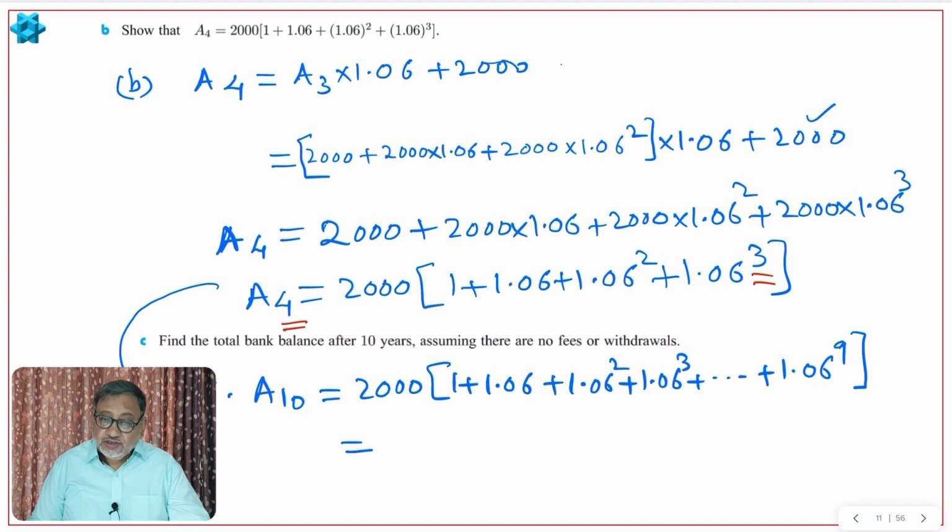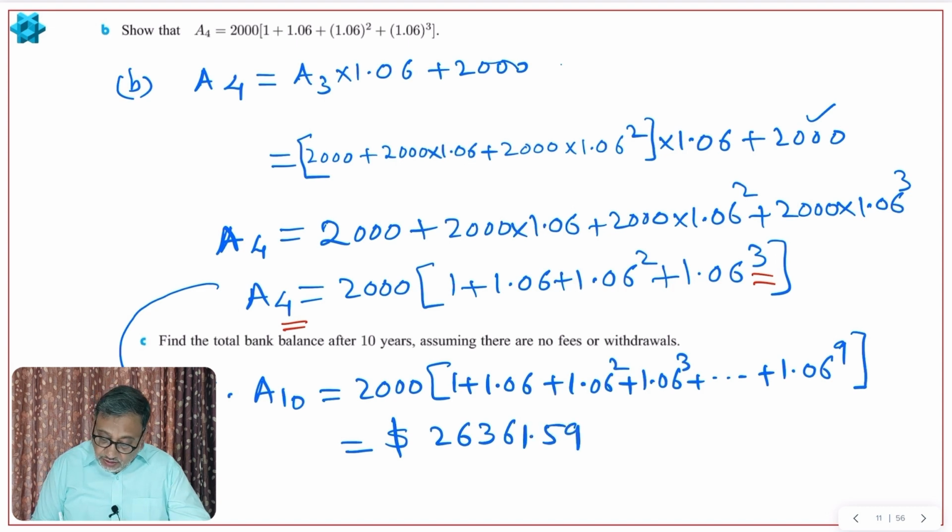So the answer is 26361.59. You have to write 2 decimal places for the currency. So this answer is $26,361.59.